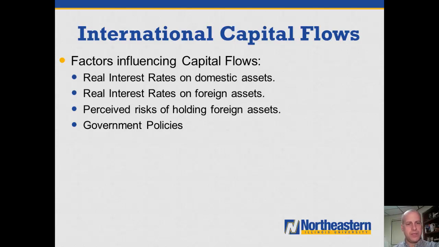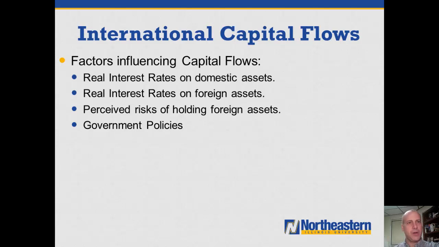The third item is the perceived risks of holding foreign assets. Foreign assets may have different levels of risk, and so if an asset is perceived to be riskier in one country than it is in another, even for the same expected return, this will discourage capital inflows. Investors will tend to prefer, other things equal, to invest in relatively safe opportunities rather than relatively risky opportunities.